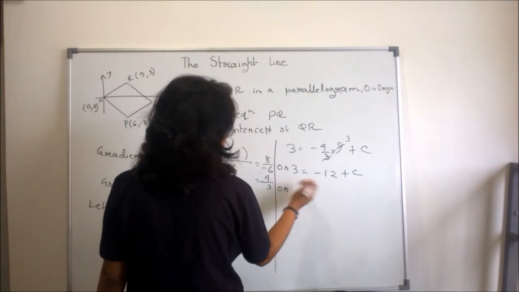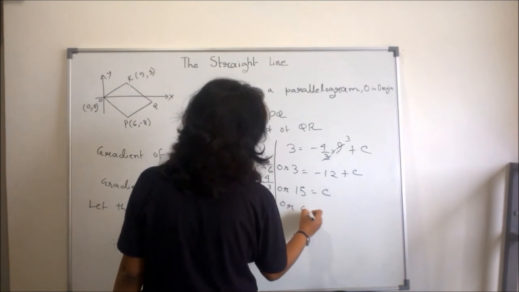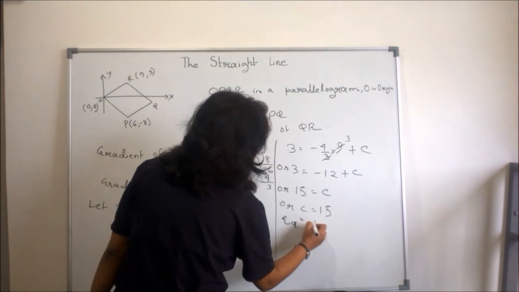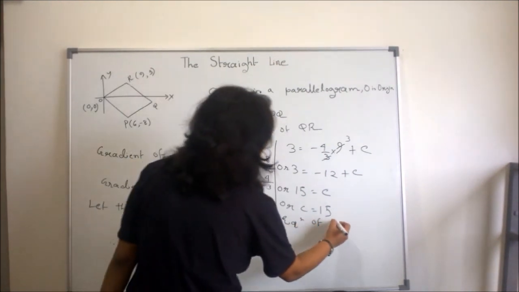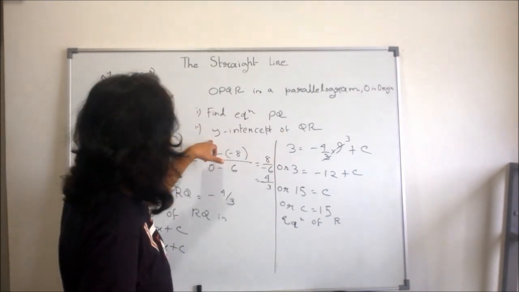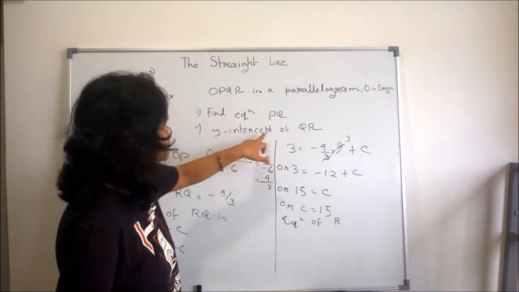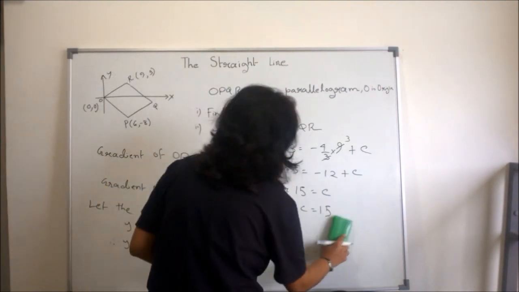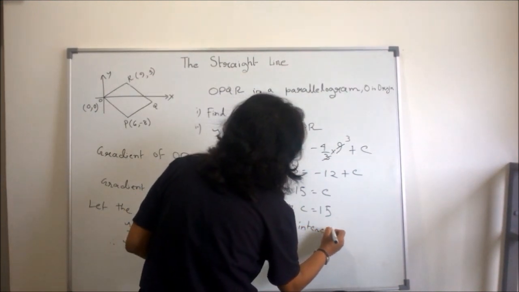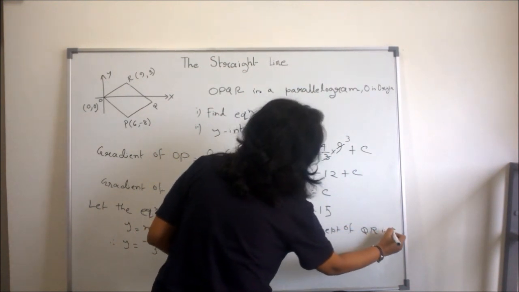If we take 12 to this side, 15 = c. So c is equal to 15. The equation of RQ, oh that doesn't require, actually our question was to find just the y-intercept of QR, and that is 15. So the y-intercept of QR is 15. Okay.